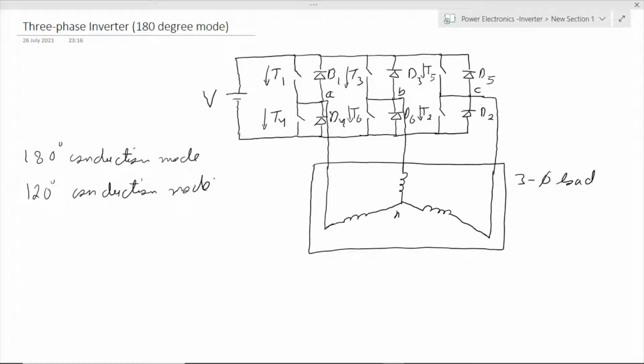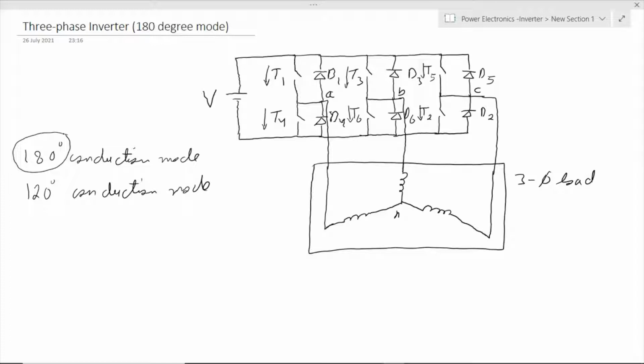So what does 180-degree mode mean? Each switch conducts for 180 degree. If the output voltage periodic length is 360 degree, then for half of this time each switch will conduct.